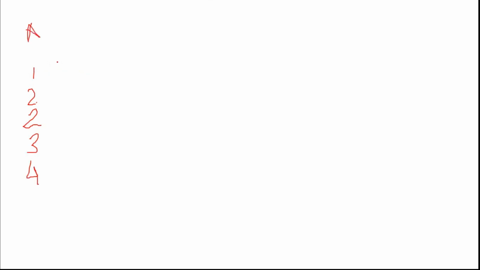And in table B, I have the entries 1, 1, 2, 3, and 3. So how can you identify what is common between these two tables? I just have this information with me.